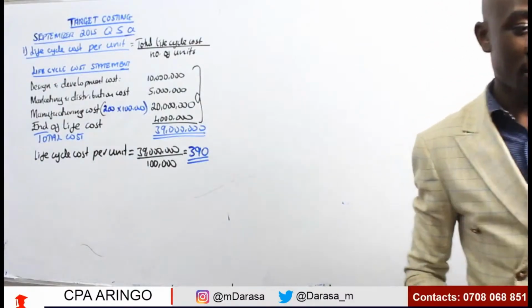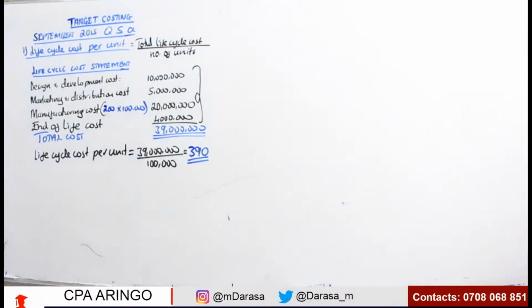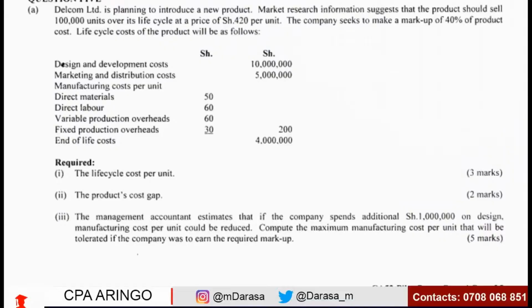If you can clearly see here, probably a person will ask, Mwalimu, where are you getting the 200? The 200 is coming from here, where I was given manufacturing cost per unit of 200. Then the 100,000 units: where are you getting the 100,000?